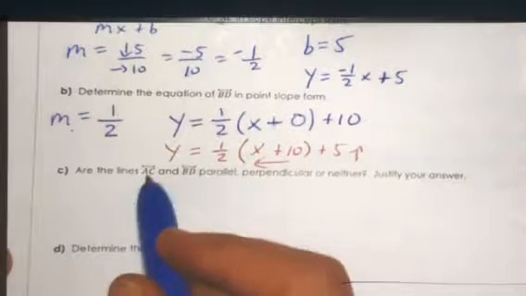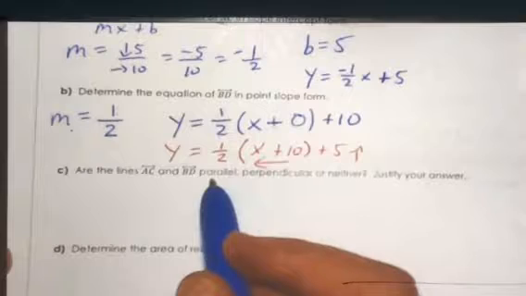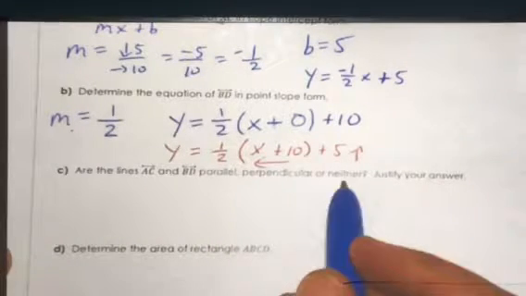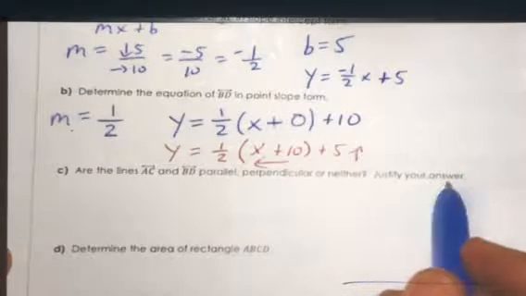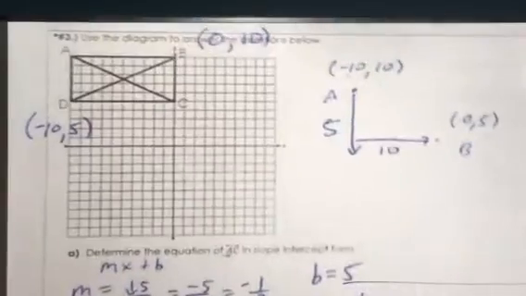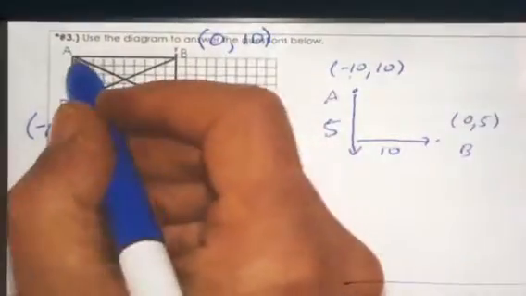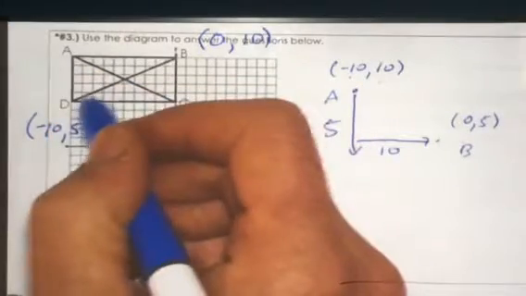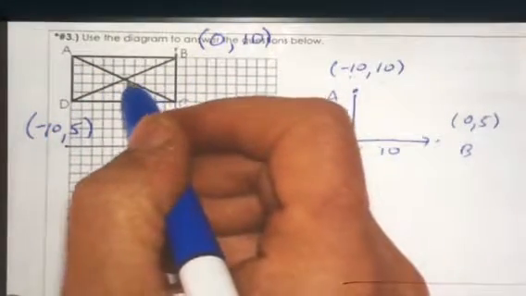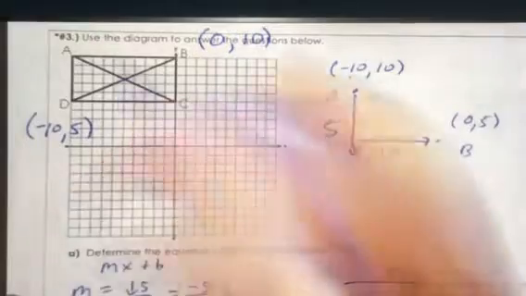Are the lines AC and BD parallel, perpendicular, or neither? Justify your answer. Okay, so here's AC, here is BD. They are not parallel because they intersect.